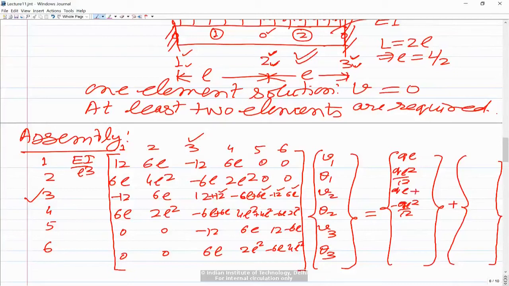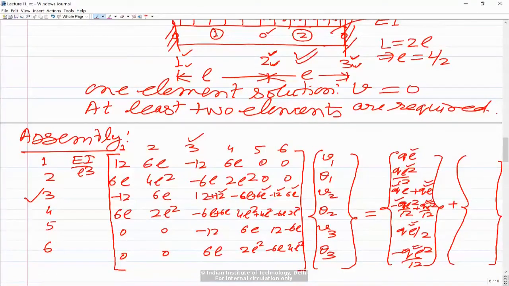So this will be plus QL, and here we will have plus QL square by 12, and then QL by 2, and again minus QL square by 12. So this is the contribution of the second element.